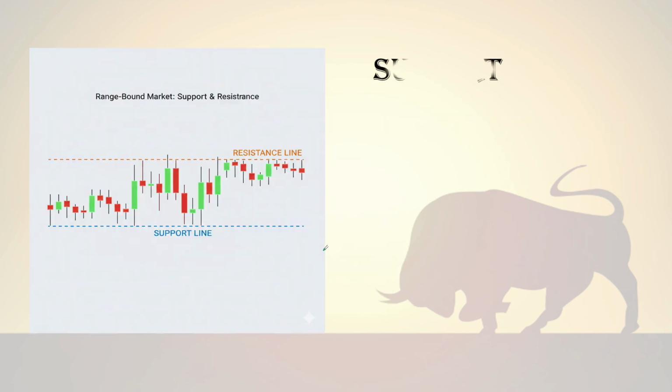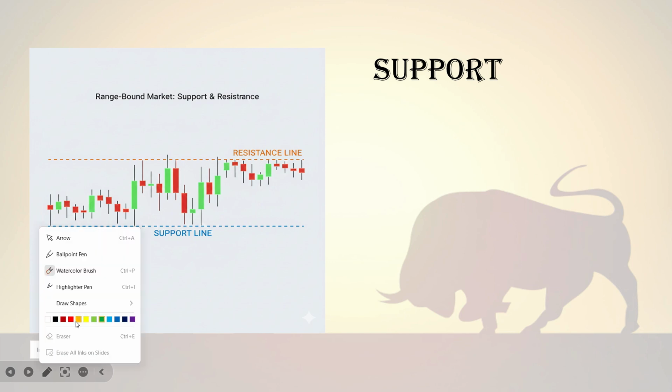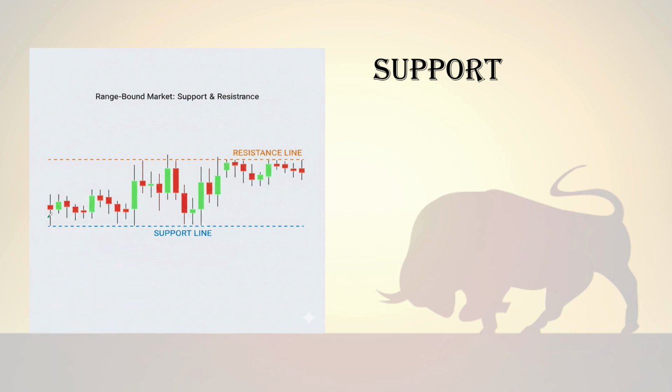So look, in a range bound market, this is support. I have taken this picture from some website. Mainly try to draw body to body, right? In a line chart, it gives you a good idea, but it is a range.